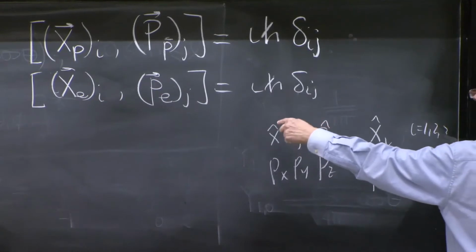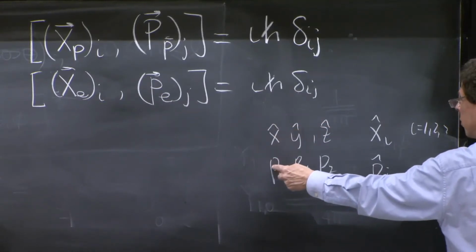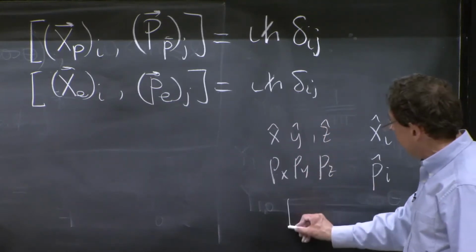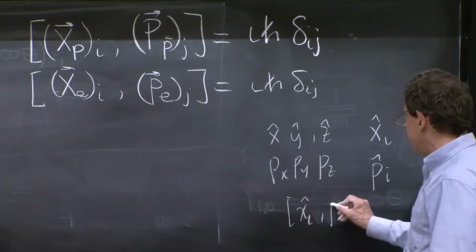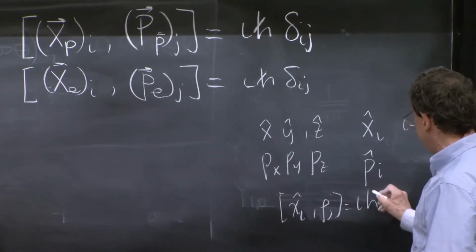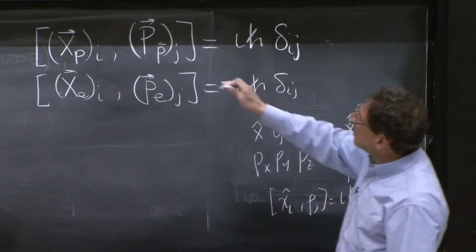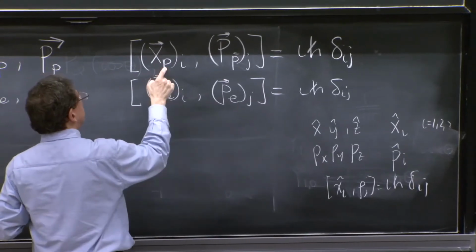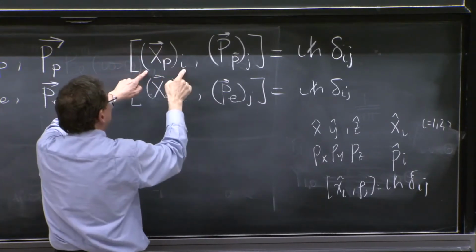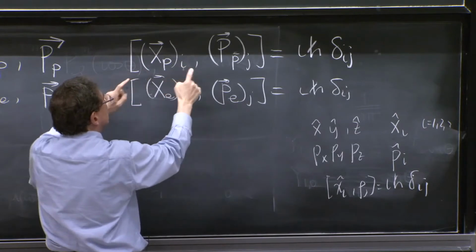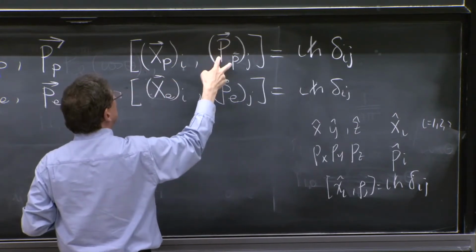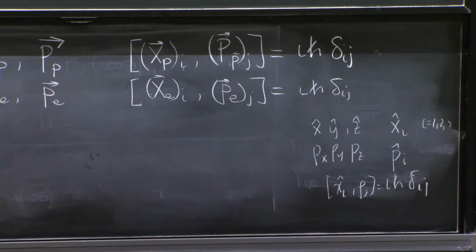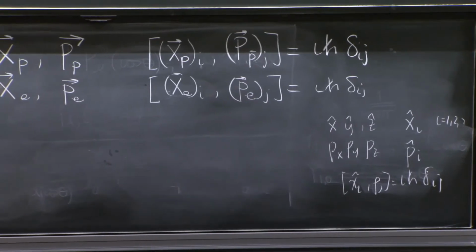Then the fact that x fails to commute with px, y fails to commute with py, and z fails to commute with pz is x_i, p_j equal i h bar delta ij. And this is what I'm saying here with this notation, because there are too many subscripts. There's a p for proton, but there's an i for the first, second, and third component. And there's the momentum of the proton, which has 1, 2, 3 components. So those are our dynamical variables.